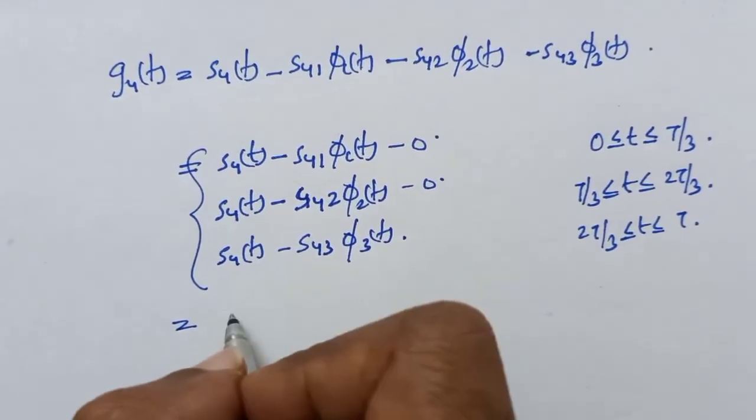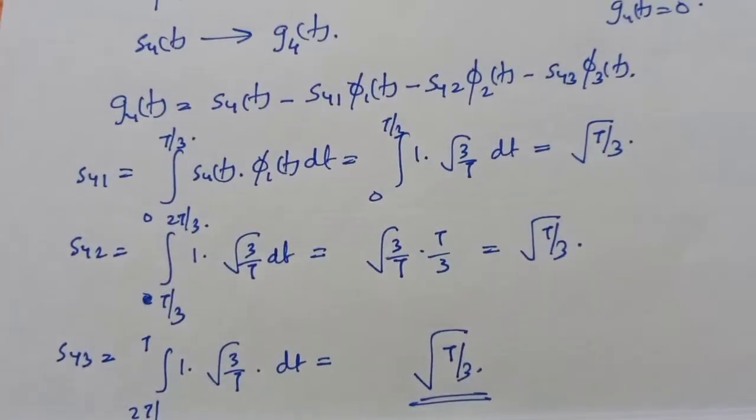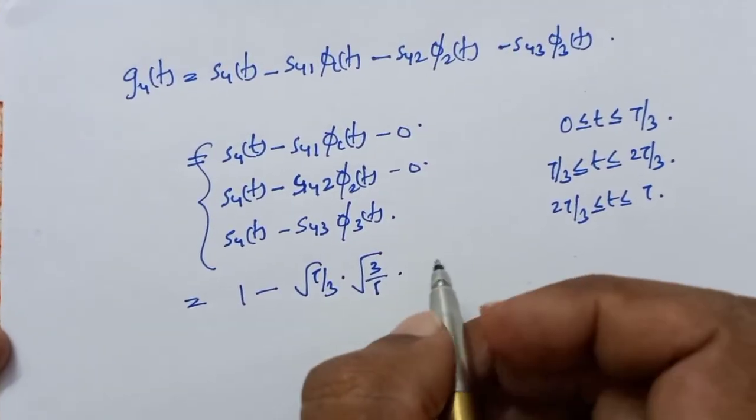So see, s4(t) is 1 minus s41, which is root of T by 3, into φ1(t), which is root of 3 by T. So that will cancel.